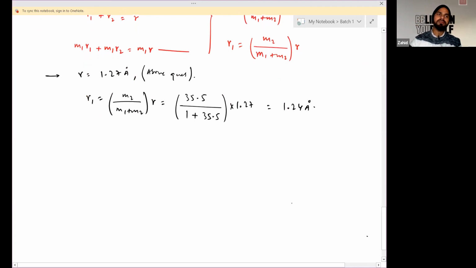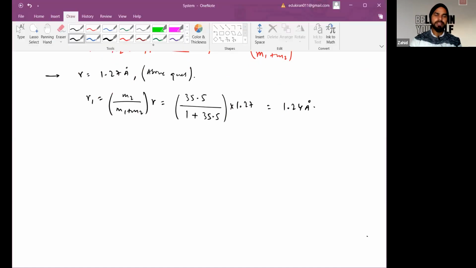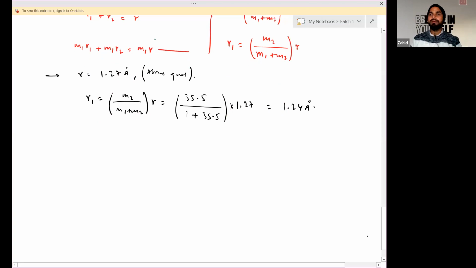No, sir. Okay. So this is how we approach any discrete particle system. Now the next term is for continuous body. What do you mean by continuous body? So you'll say if mass is distributed uniformly on the entire body, that system is termed a continuous body.